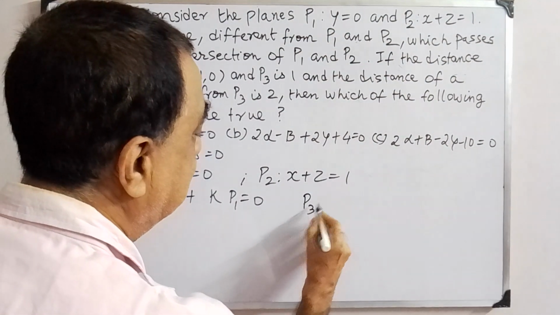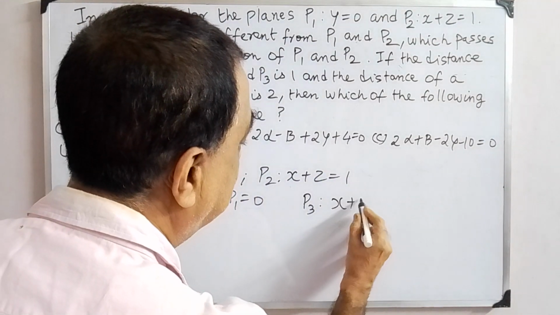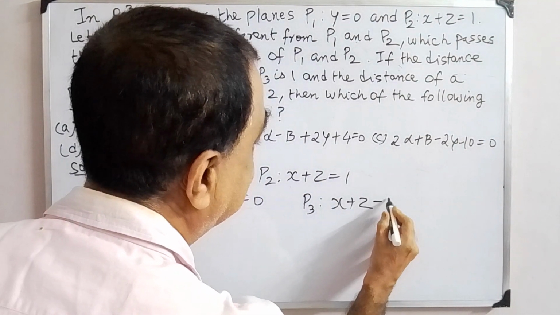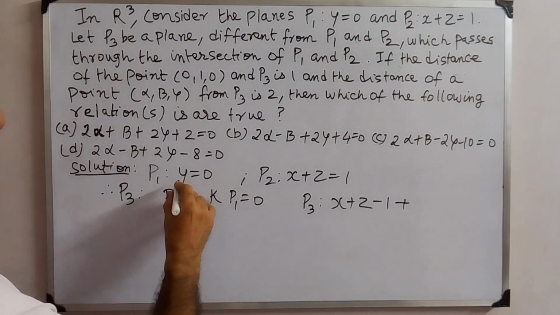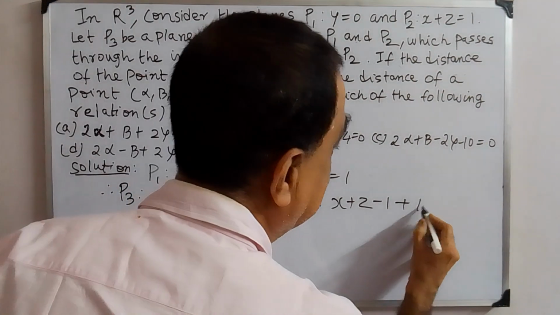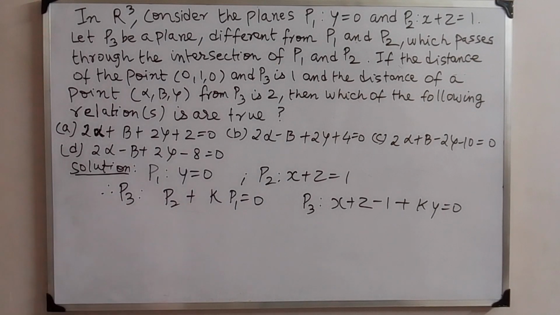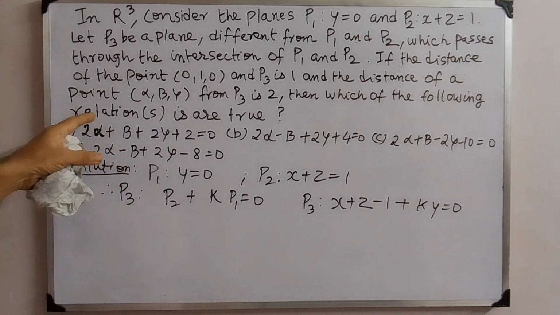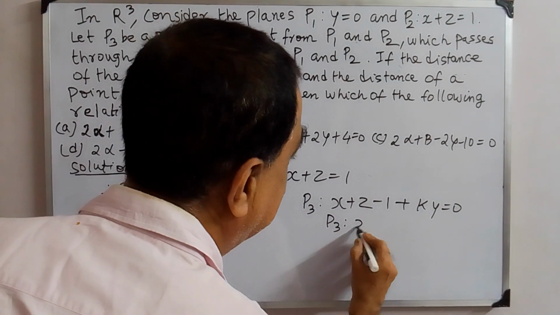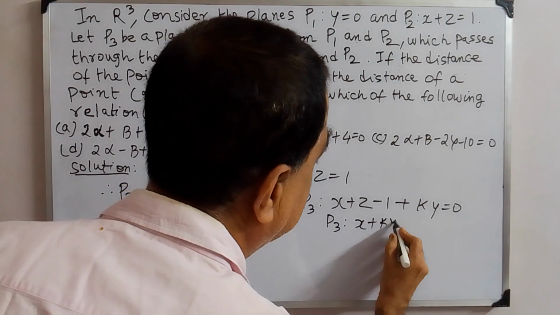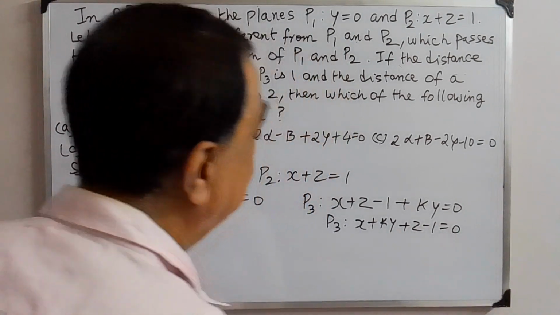So P3 will be P2, so x plus z, bringing the 1 to this side, minus 1, plus k times y equals 0. So this is P3: x plus ky plus z minus 1 equals 0.